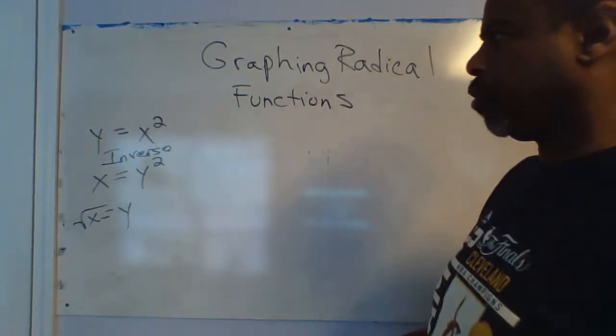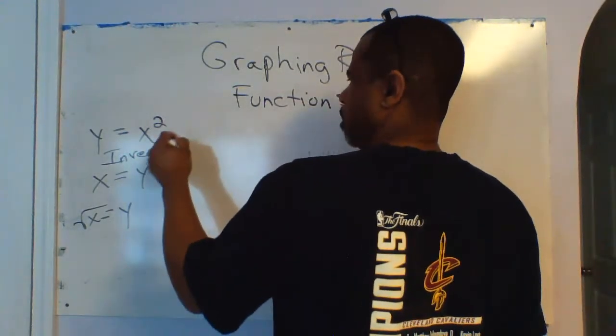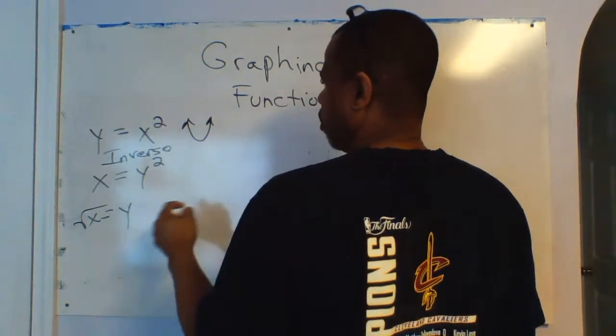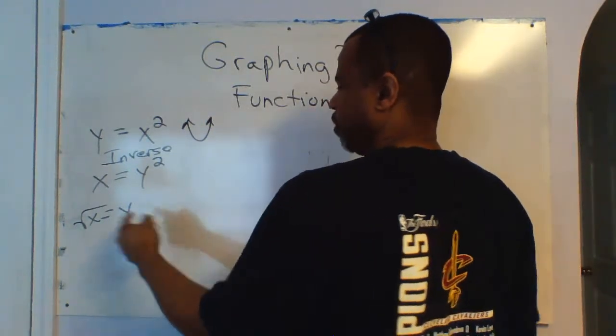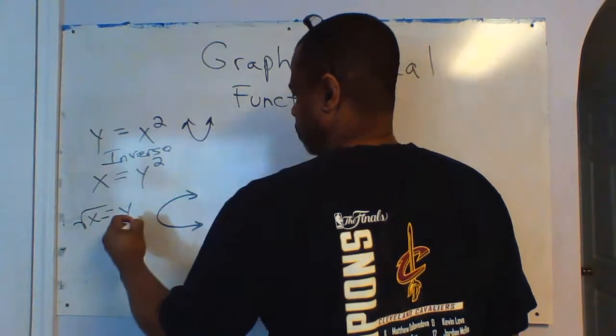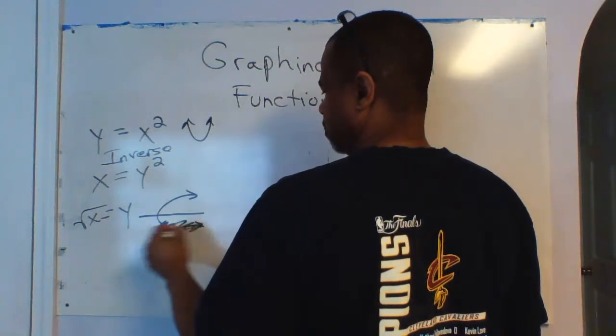All right, so normally if we were going to graph y equals x squared, it would look like this, right? Well, we know that when we did the inverse from previous lessons, it will look like this, but we're not going to use this.